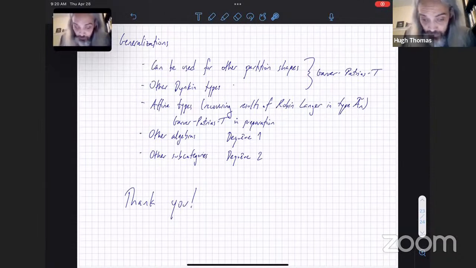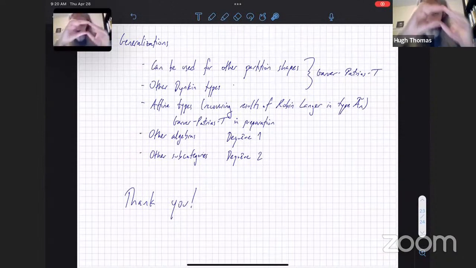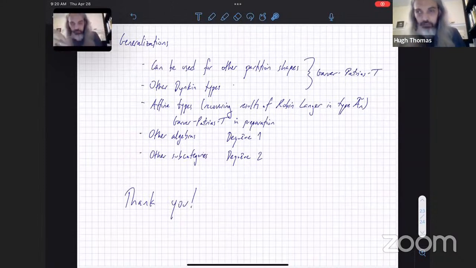So the same idea can be used for other partition shapes, and we explain how to do that in our paper. There is a version of RSK that doesn't start with a rectangle, going from arbitrary fillings of a shape lambda to reverse plane partitions of shape lambda.